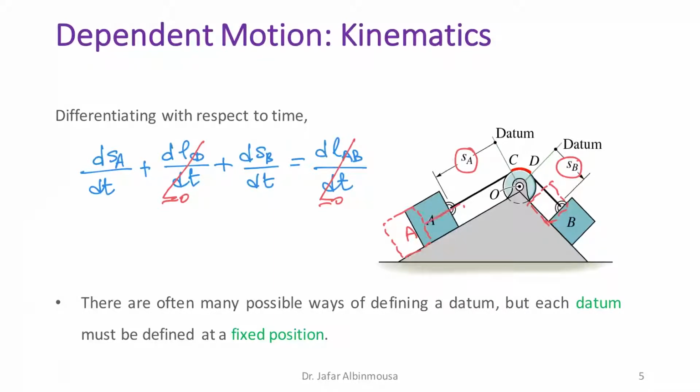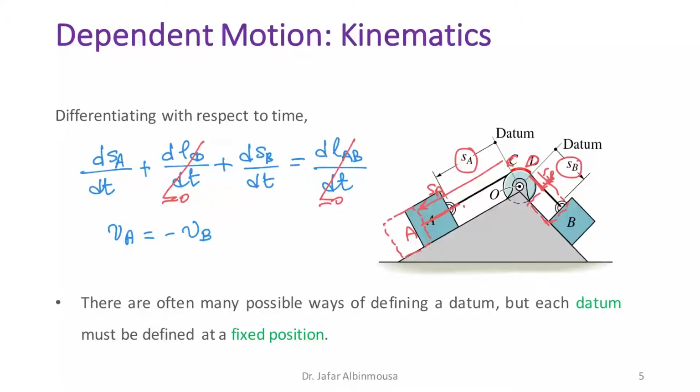This one will get longer, and this one will get shorter. That's going to be SB, and this is going to be the new SA. But the length of CD is always the same, and the total length is always the same. So what we are going to get is VA equals minus VB.